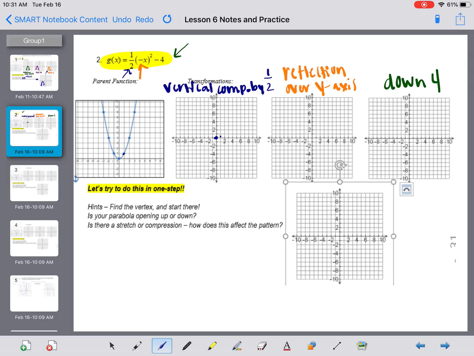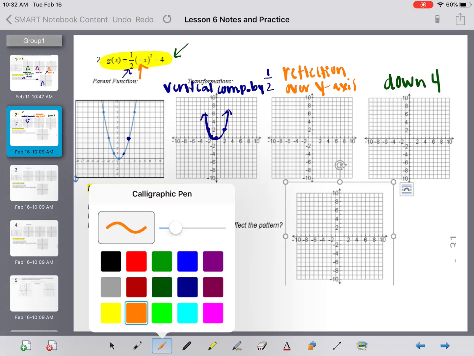Just kind of estimate. The next y value there is at 4, so 4 times 1/2 is 2. And same thing, this one's also going to be at 1/2, and the next one's also going to be at 2. Kind of mirrors each other. And then connect. So there it is, compressed by 1/2.